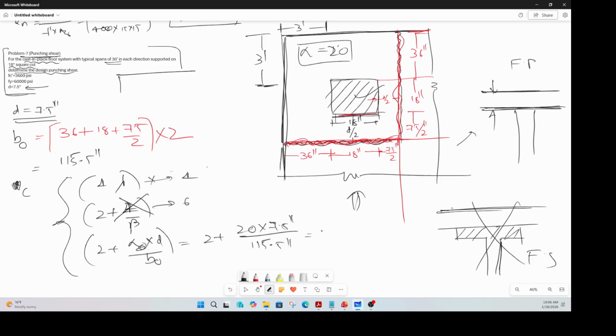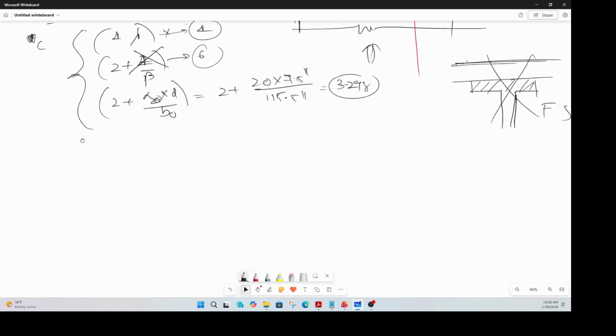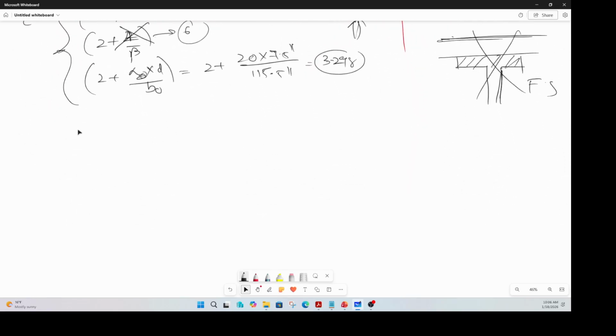This is roughly 3.298. So this is 3.298, this is 4, this is 6. The least is 3.298. So your vc is the minimum of 4, 6 and 3.298, and that means it is 3.298.